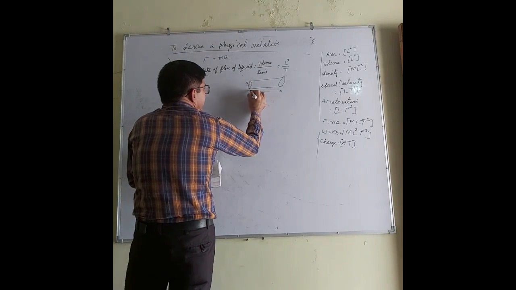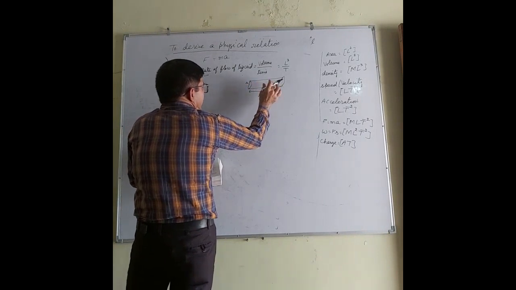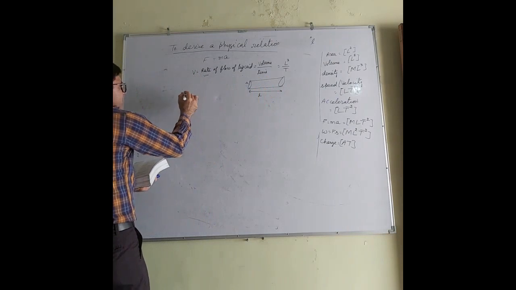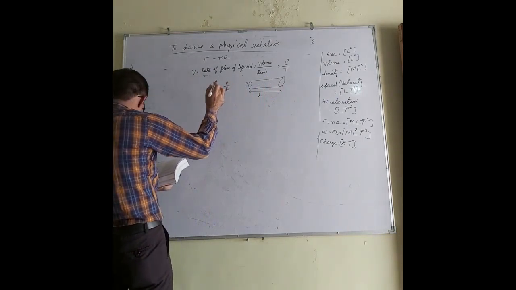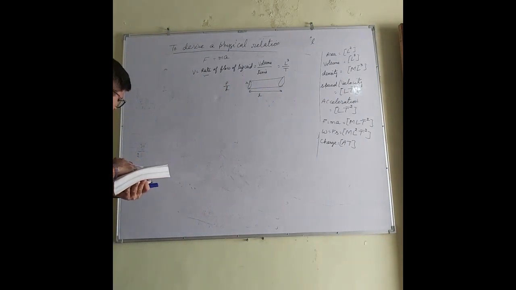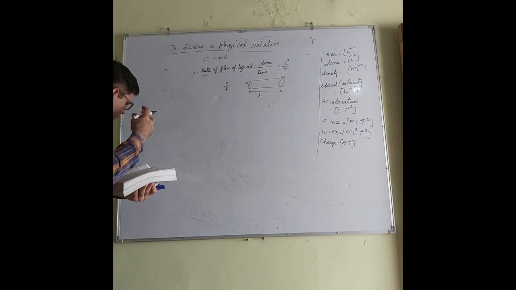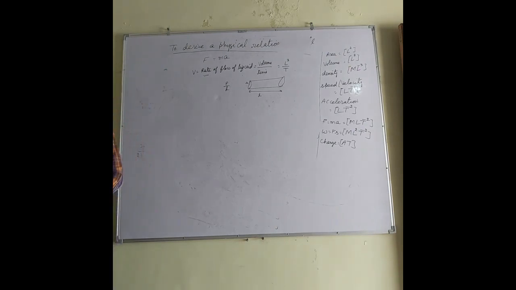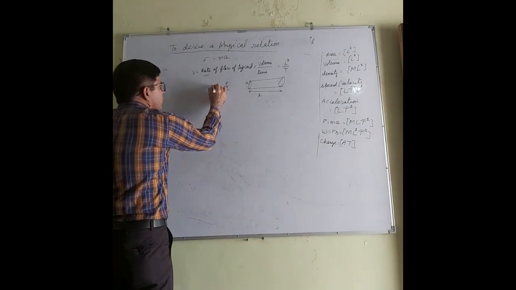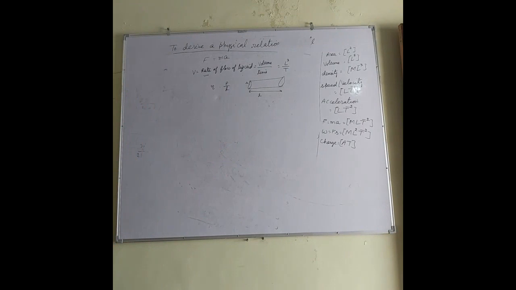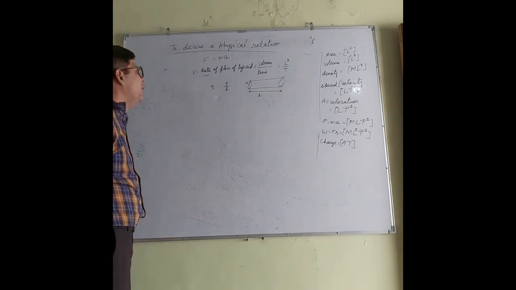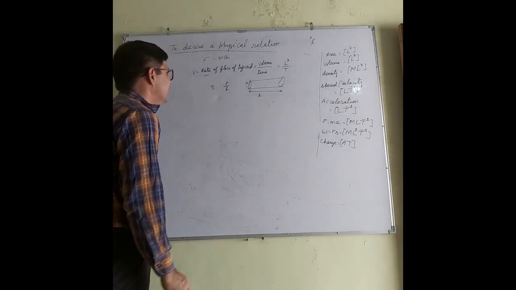If L is the length and P is the pressure difference, then it depends on P by L, and it also depends on the coefficient of viscosity. I have to derive this formula. Let us see how we can derive this formula.